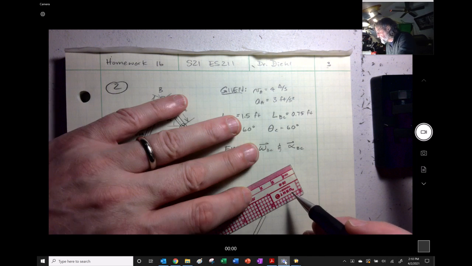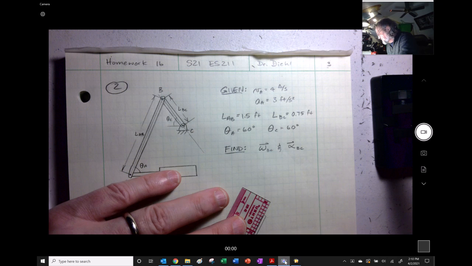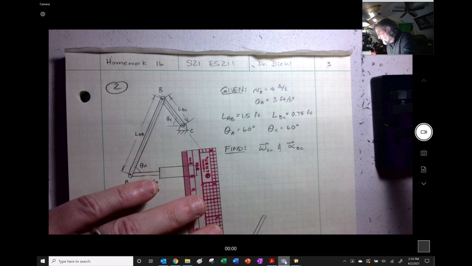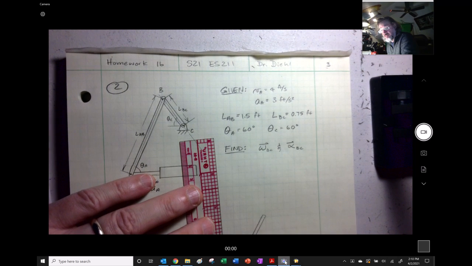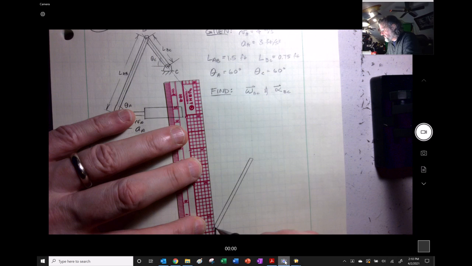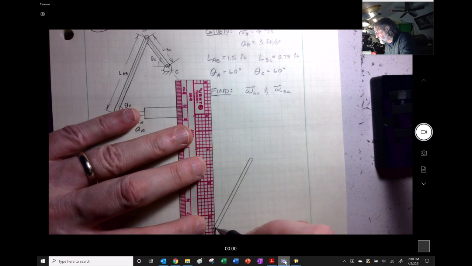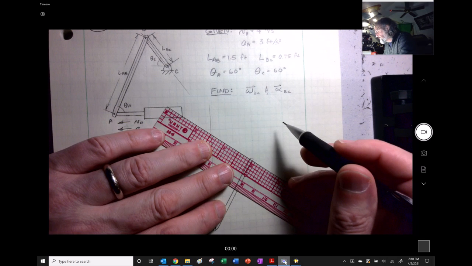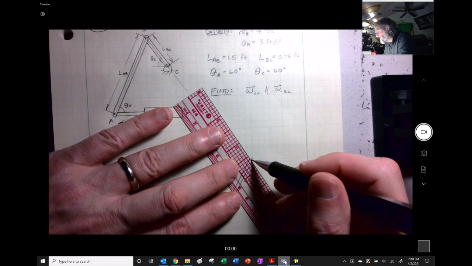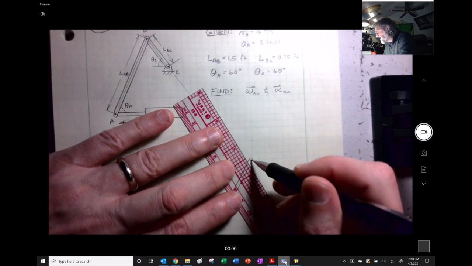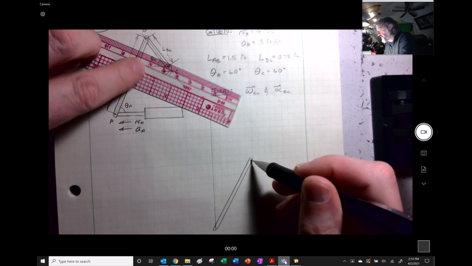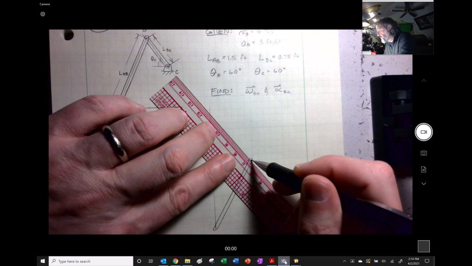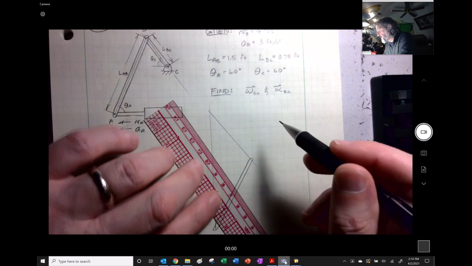So this is straight up. And if we take a look at here, here's the approximate line right in there.